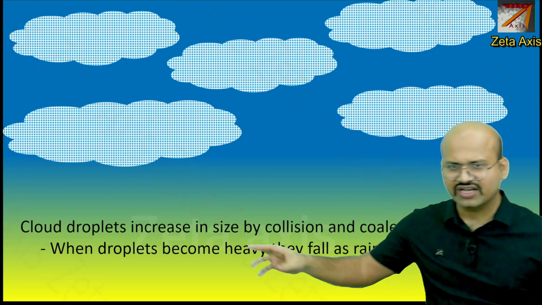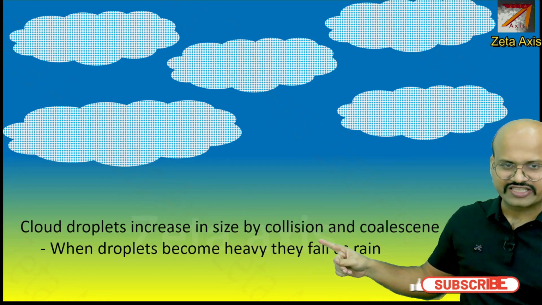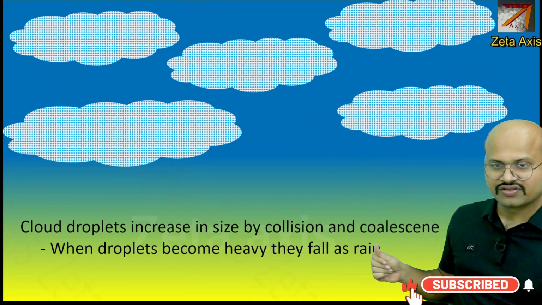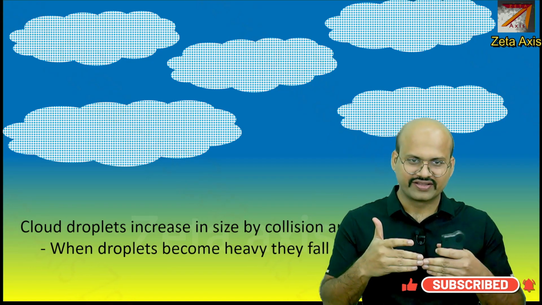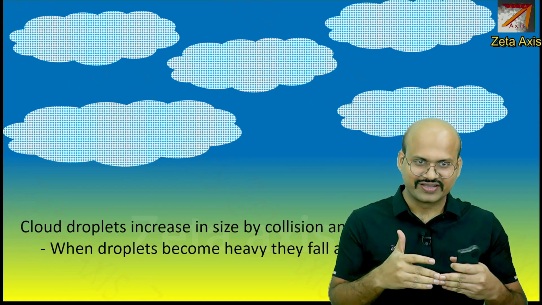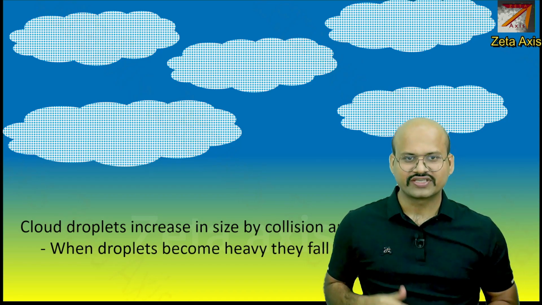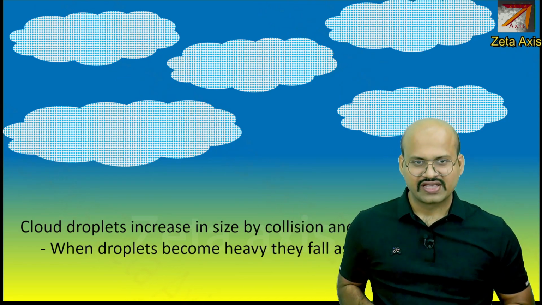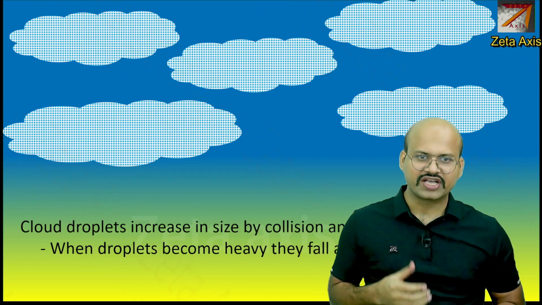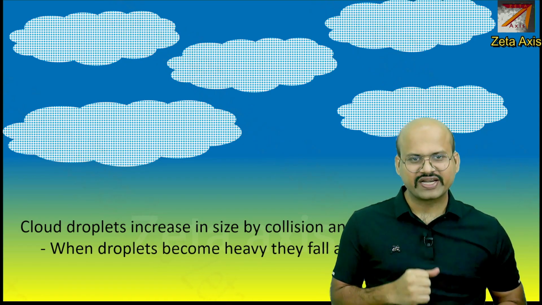So here we can see that the cloud droplets increase in size by collision and coalescence, where the water droplets will collide, combine and become one, and thus the size of the water droplets will continue to increase. And there will come a point when they become too heavy to remain suspended in the atmosphere. At this point, these droplets will start to come back to our earth. That is, there will be precipitation. It could be in the form of rainfall or any other process.